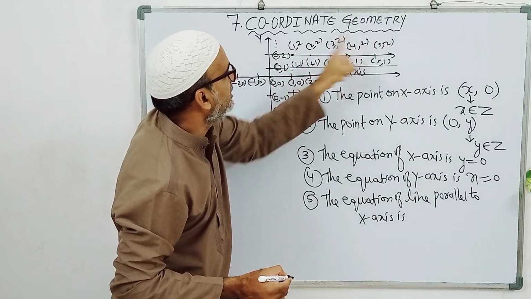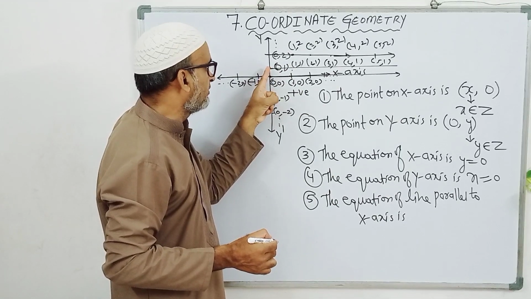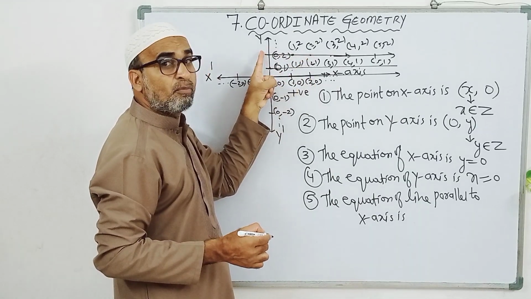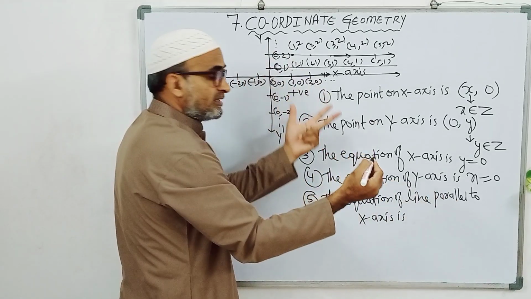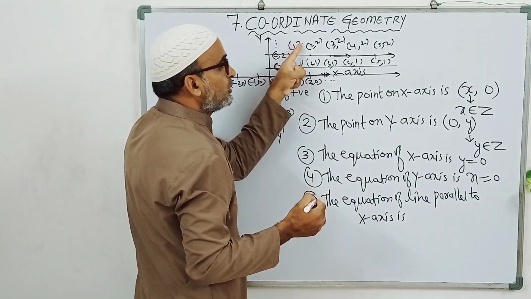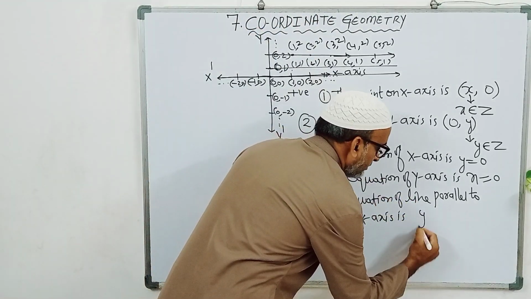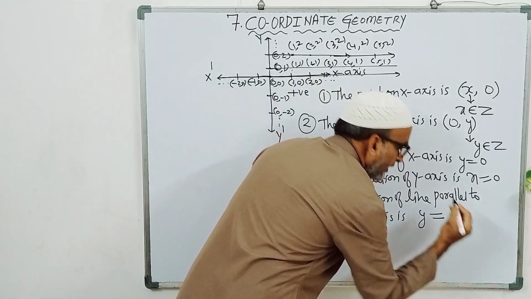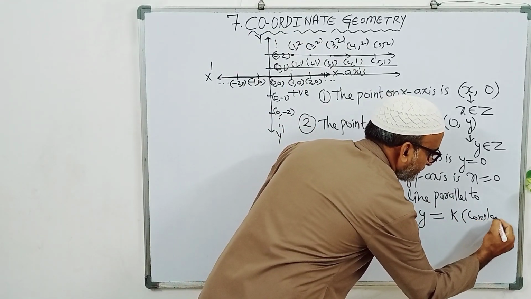What is that constant? Here 2, here 1. This line is cutting at point 1, this line is cutting at point 2. That's why the equation of a line parallel to x-axis may be 1, 2, 3, like that. Whose point? Y. Y is equal to k, where k is constant.